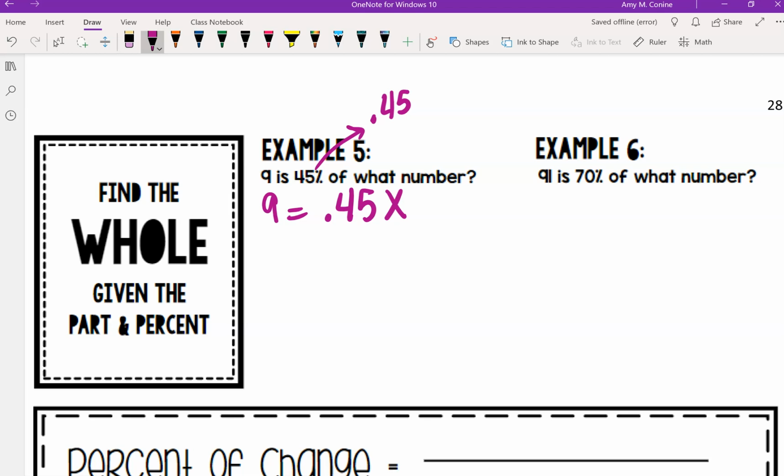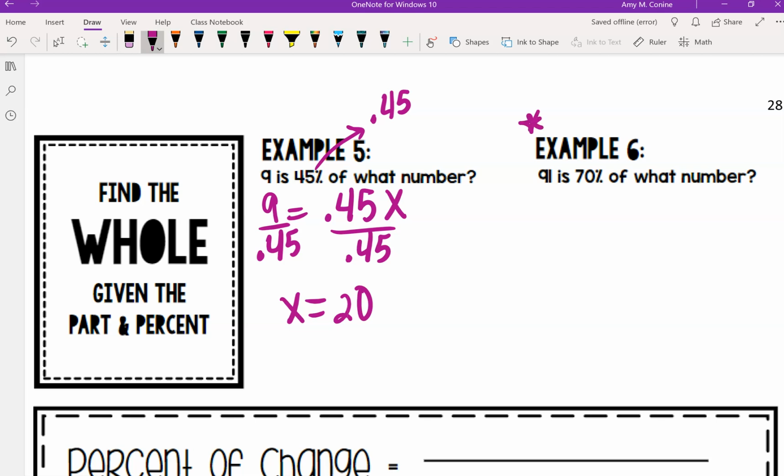We do need to set up proportions for other problems, but for some of this stuff, I think it might be easier just to do an equation. So if we go back to example 5, we're going to divide over by 0.45, and we have 9 divided by 0.45, and we should get 20. So 20 times 45%, so 20 times 0.45 gives us 9.